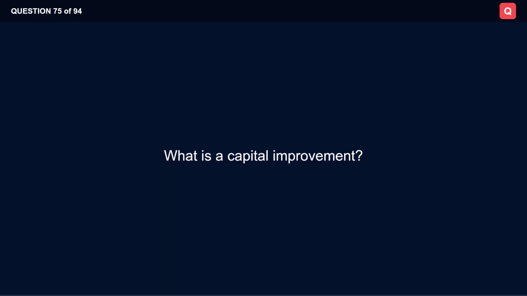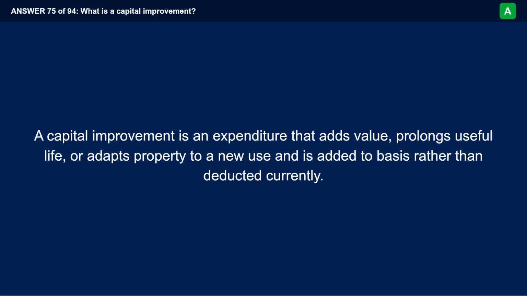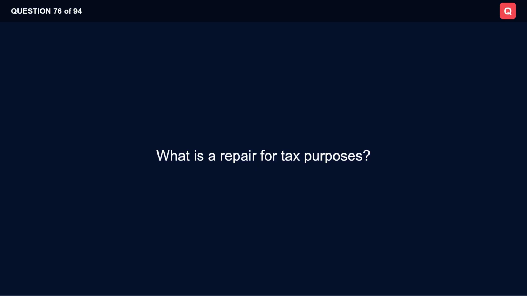What is a capital improvement? A capital improvement is an expenditure that adds value, prolongs useful life, or adapts property to a new use, and is added to basis rather than deducted currently. What is a repair for tax purposes?